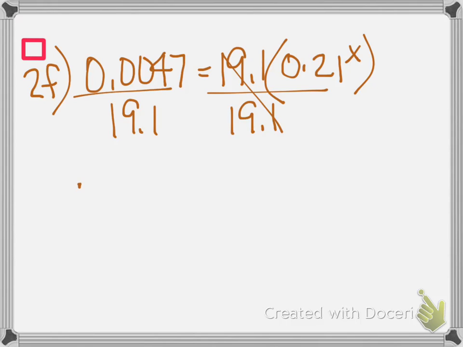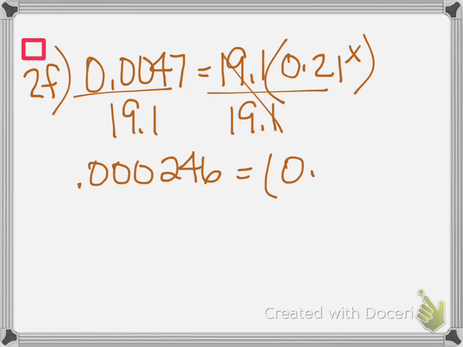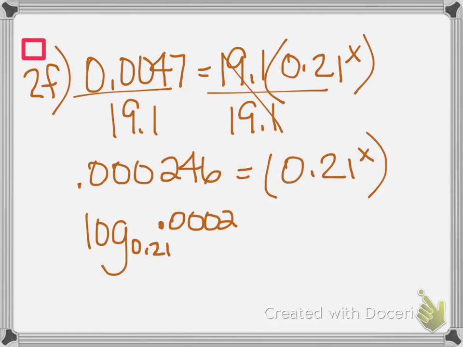This gives me 0.000246, working with some really tiny numbers here. 0.21 to the x. Definition of log. Log base 0.21 of 0.000246 is equal to x, and x is equal to 5.32.